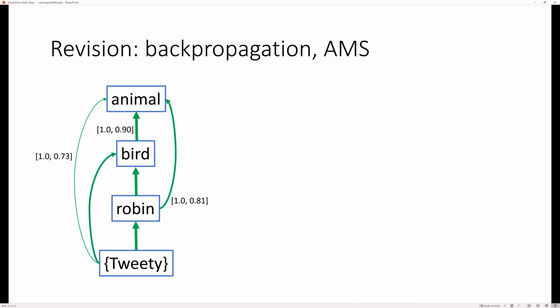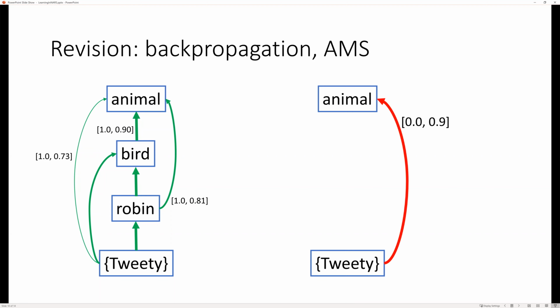Okay. So first we start with this, the result of the deductive process. Now, what if I put in another piece of evidence, which contradicts the conclusion here?